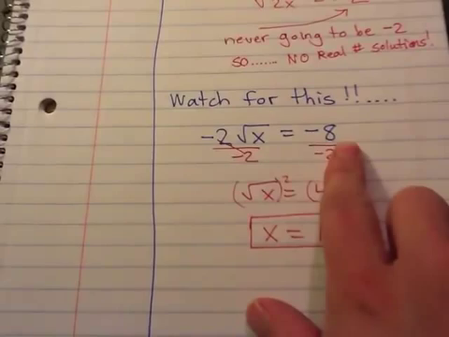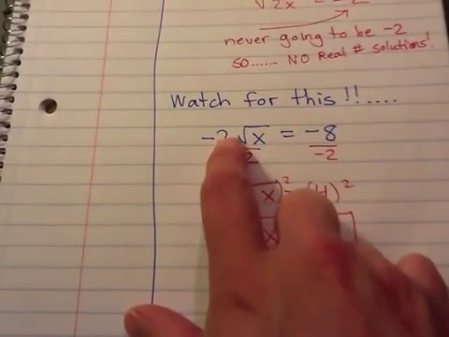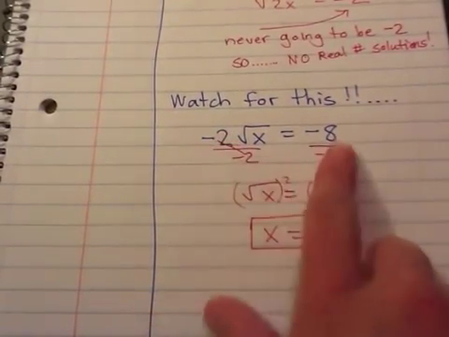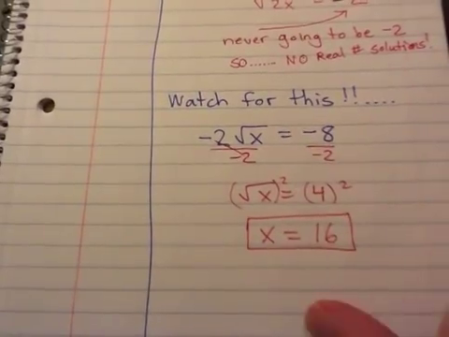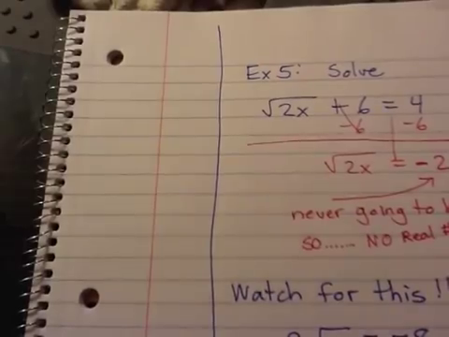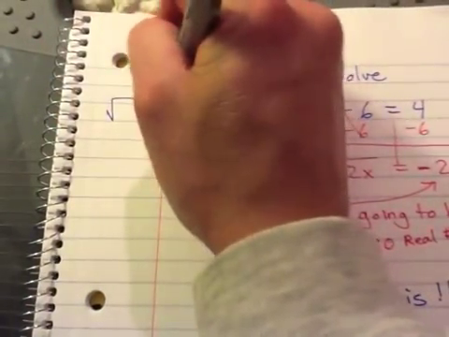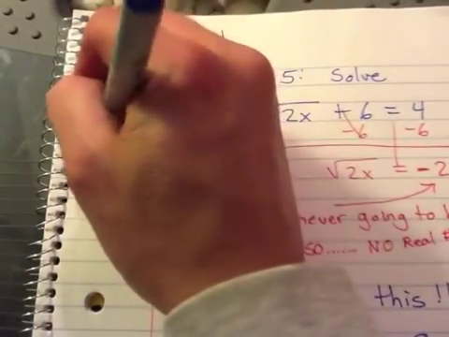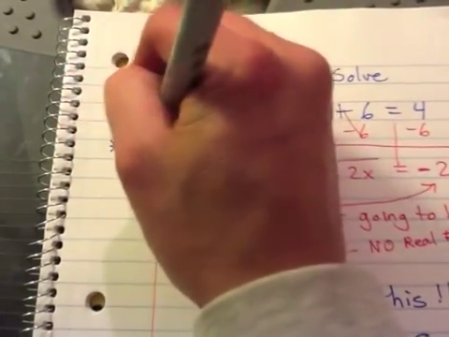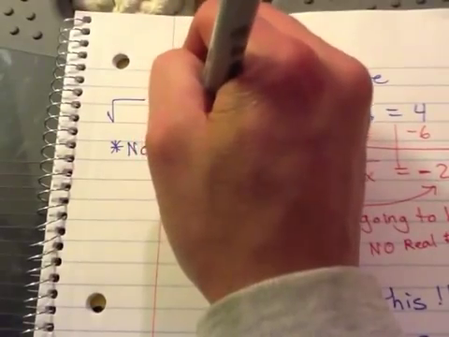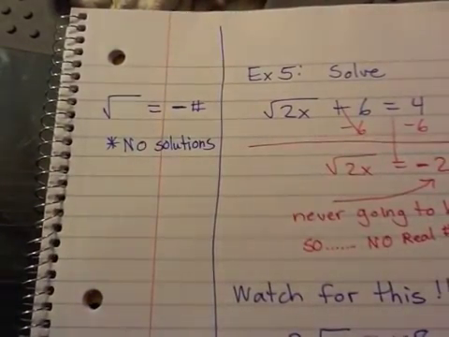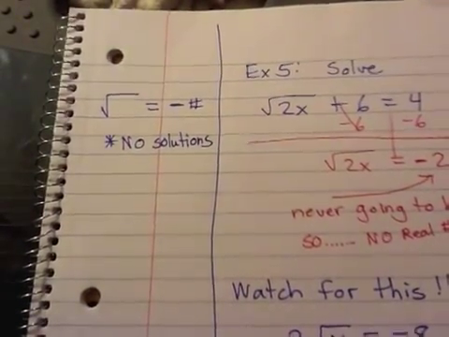It needs to be fully alone, including if this had just been a negative sign alone. That's when you would have divided by negative 1 on each side. So, over here, if you have just a square root alone equals a negative something, then you know no real number solutions for this year. That's Algebra 2.